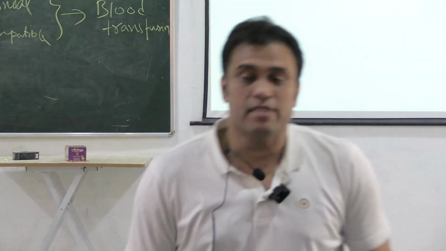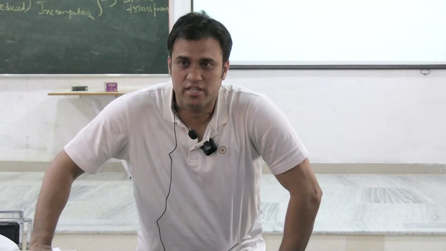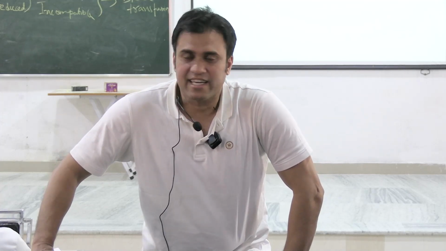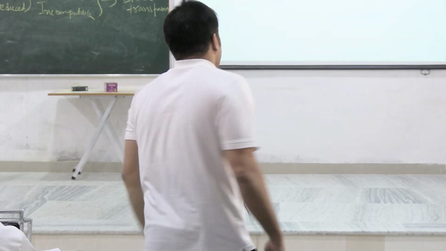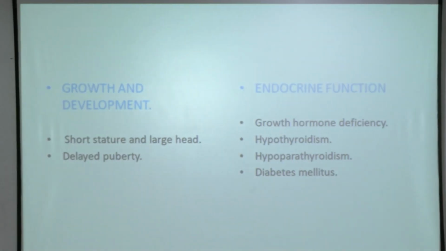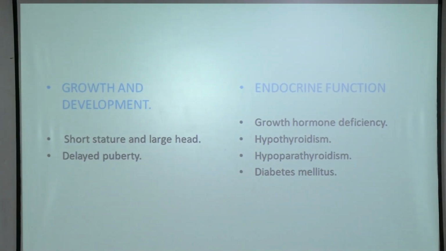Because iron gets accumulated in the pancreas, as I've just mentioned, and destroys the beta cells of the islets of Langerhans. So no insulin is secreted. That is why these patients get diabetes mellitus. Growth hormone deficiency, hypothyroidism, hypoparathyroidism, diabetes, all because of parenchymal iron deposition in these organs. Clear?